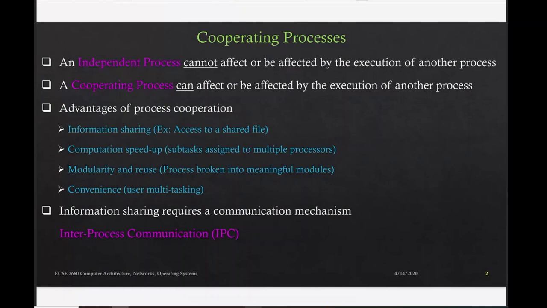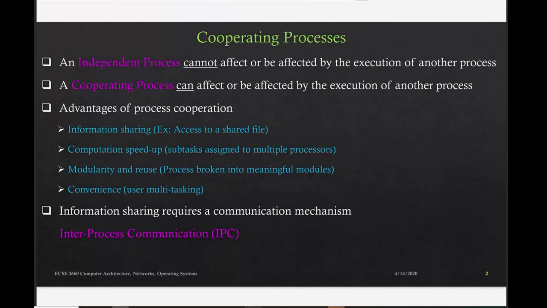So first of all, let's talk about why we need communication in the first place. Well, there could be several advantages to two or more currently executing processes communicating with each other. You can make each process a particular module or a subtask, and then you can pass information from one process to the other.